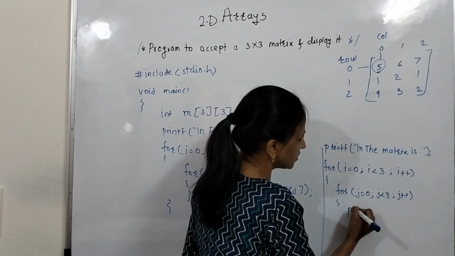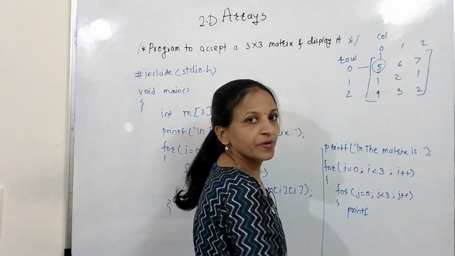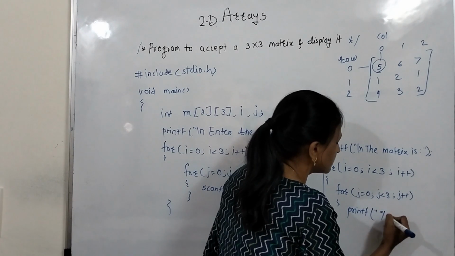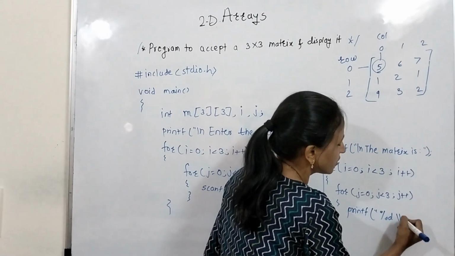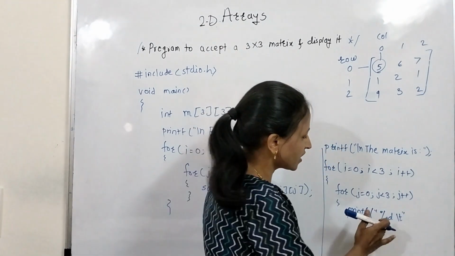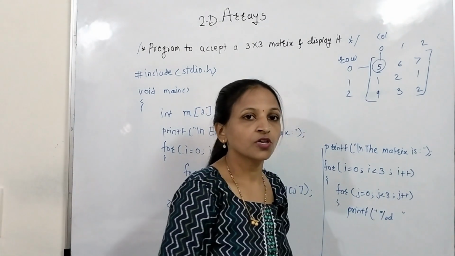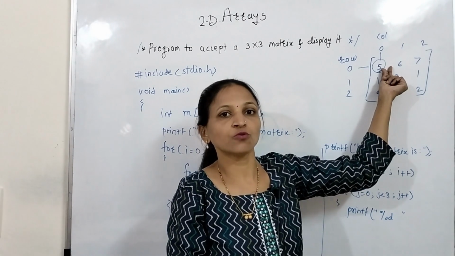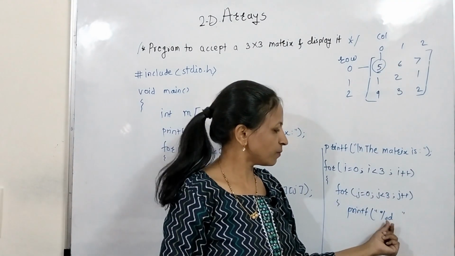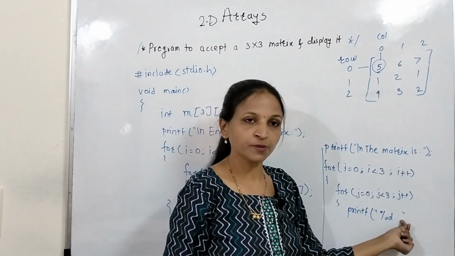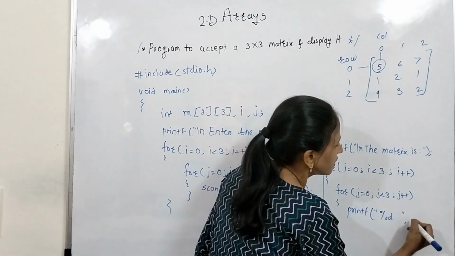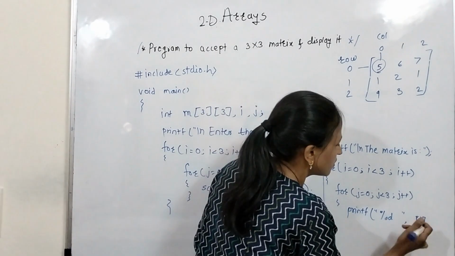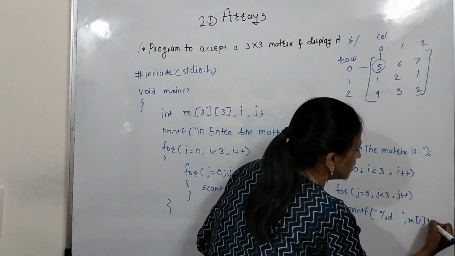Now here we have to display, that's why I am using printf. printf %d, give some space. For that we can put a tab or give some space here. Every individual element we display, after that we have to put some space. That's why in printf I have written it like this, then display the element. Like the matrix name is m, here we use m of i j.